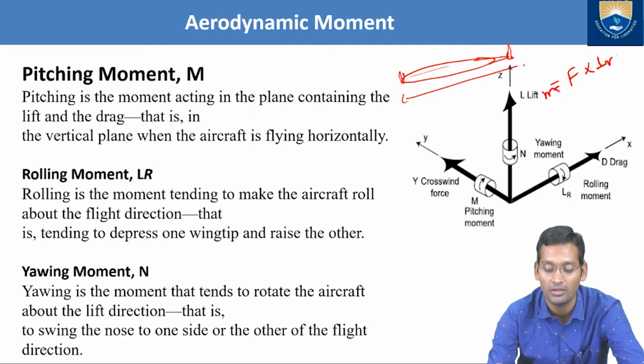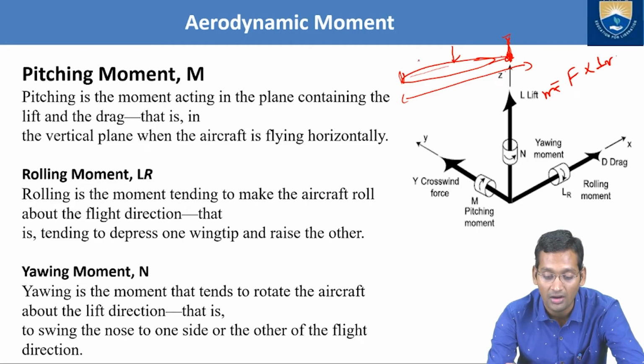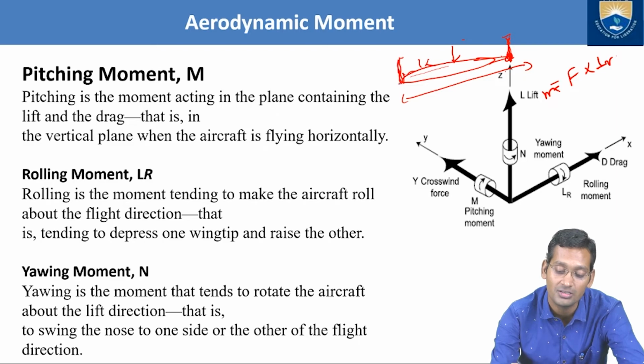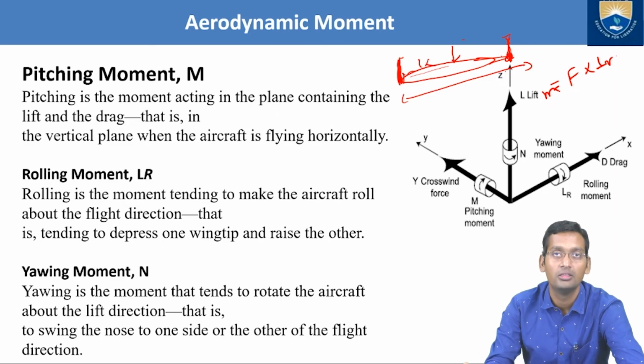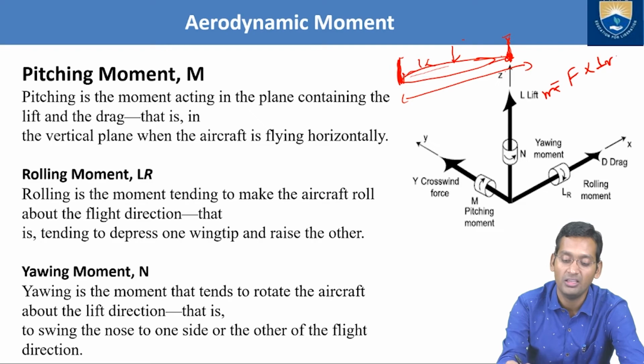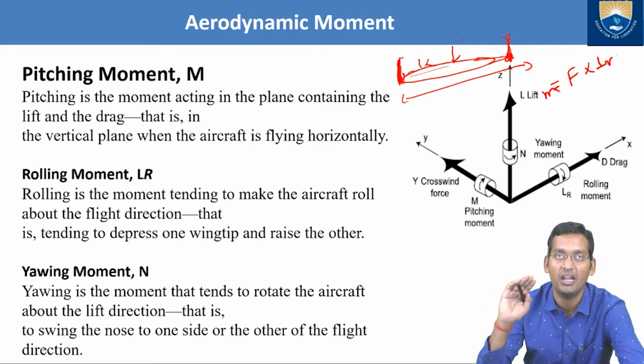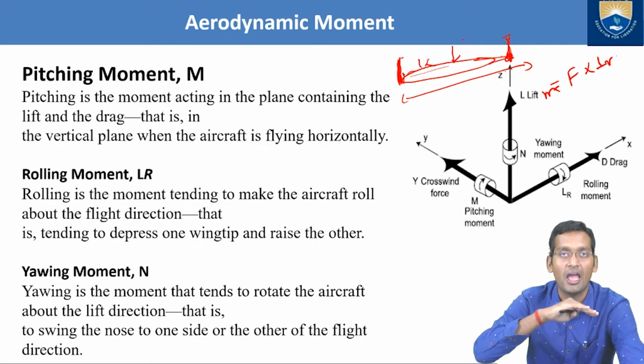Suppose this is 1 meter, so force is acting here, so force into 1 meter will be the moment of this point. Here at half meter, so force into half meter. So as you move along the fixed part, the moment will change, and by changing those things only we can take the turn, roll, and move.